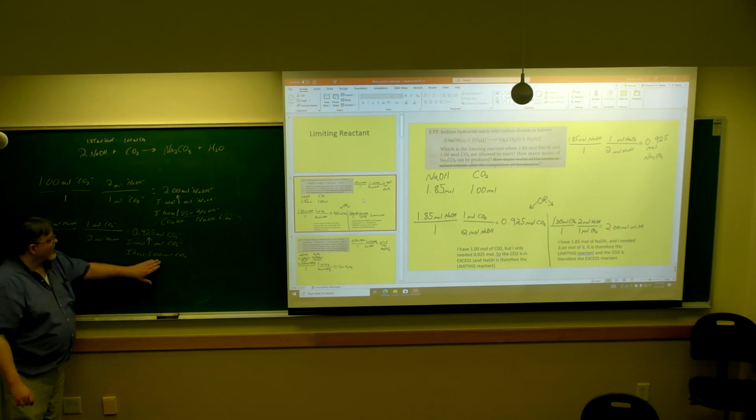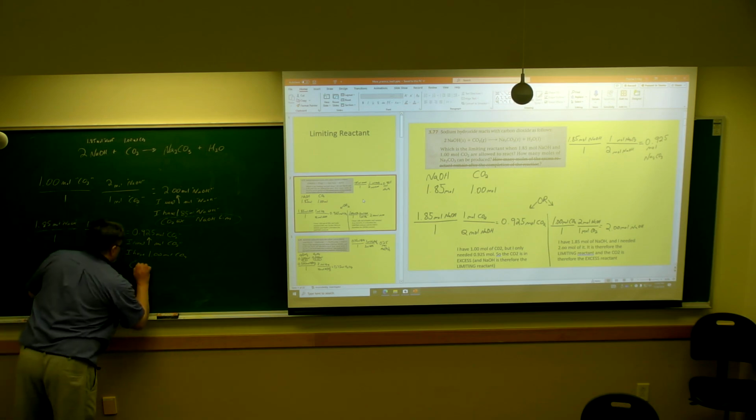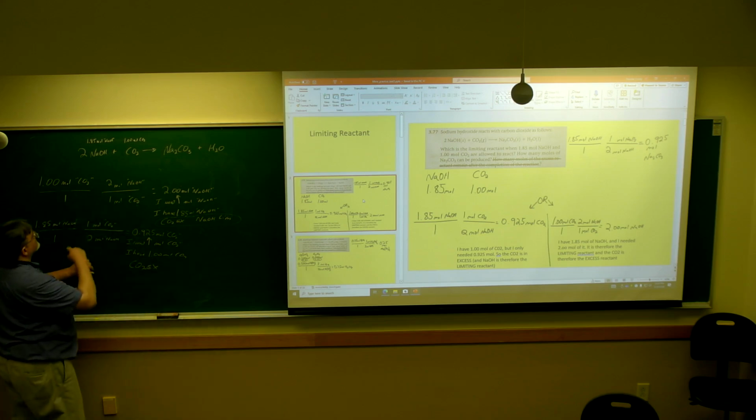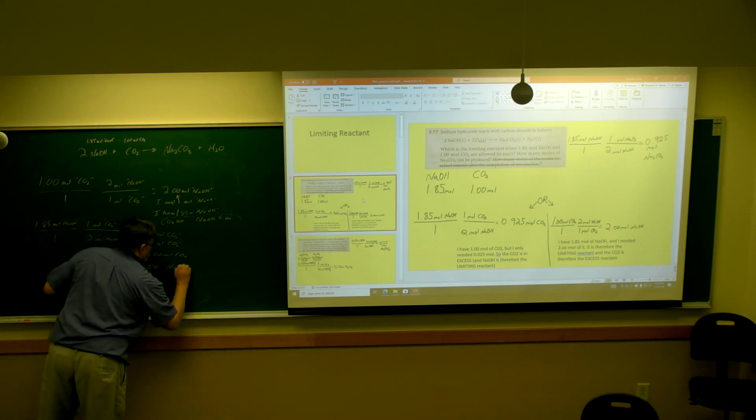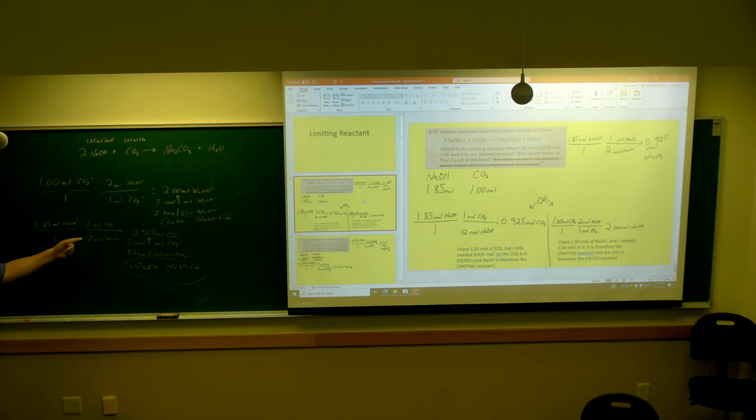I have 1, but I only needed this much. So I have more than I need. So CO2 is in excess, which necessarily means the other one is limiting. But notice that's the same conclusion we came to up here. You just pick one and you follow it to the end.